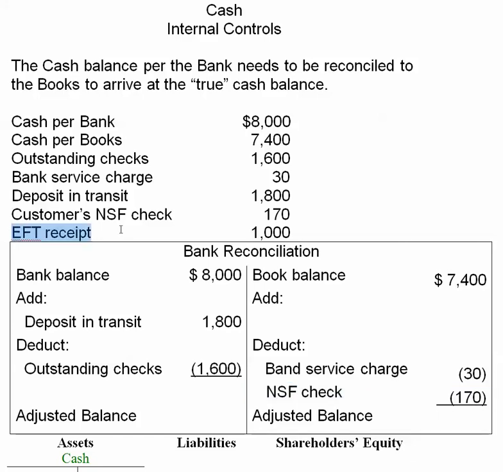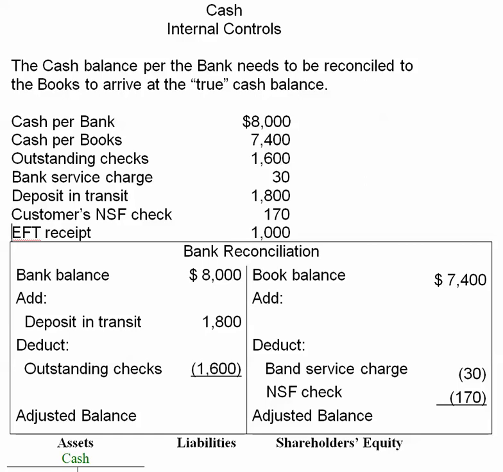The last one here, EFT, stands for electronic funds transfer, and that basically is where a customer or somebody has made a direct deposit into your bank account. There could also be EFT disbursements or payments, where the company has payments made directly from the bank to whoever they owed money to.